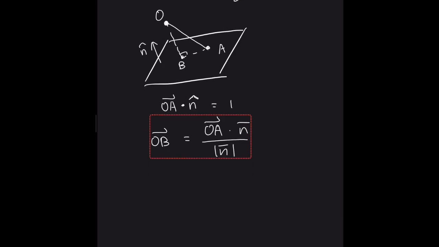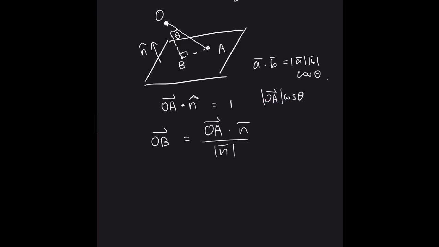Your dot product of A dot B will be the magnitude of A, magnitude of B, cos theta, and the distance OB you want here will simply be the magnitude of OA cosine of theta.